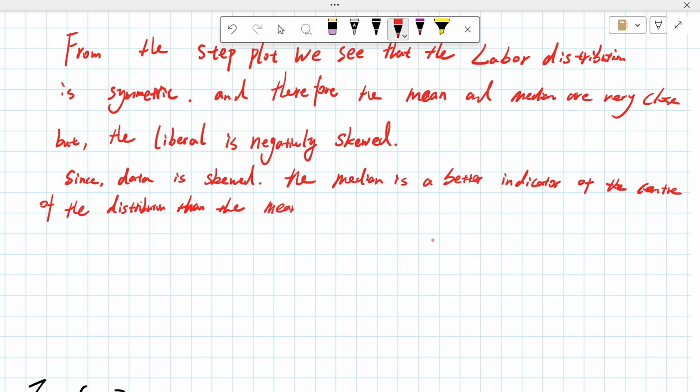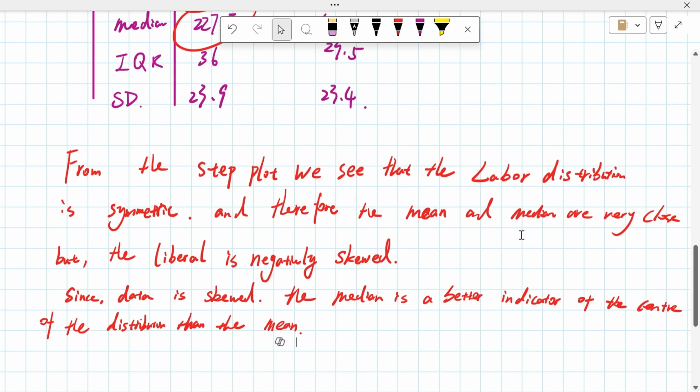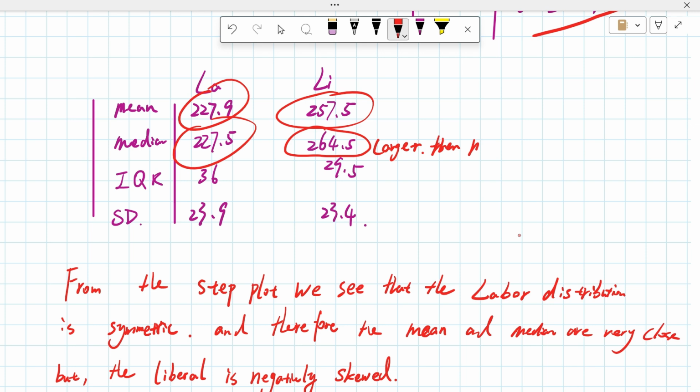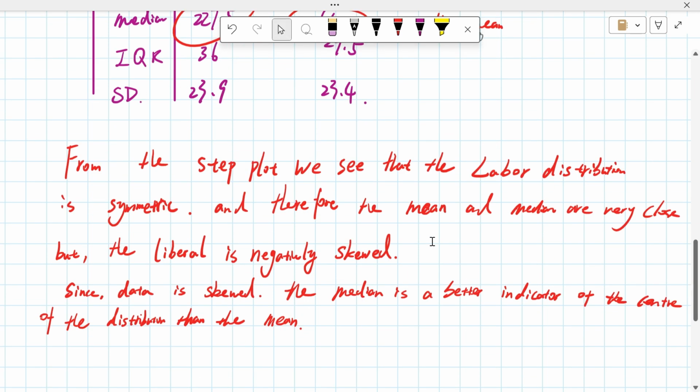So what does that mean? You can say your median will be larger, not way larger, just larger than the mean. Yep.